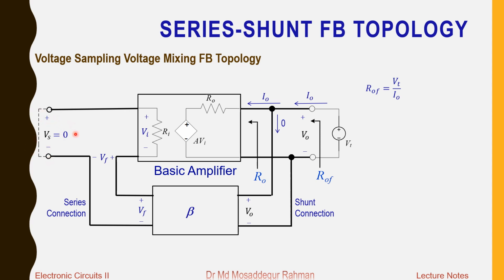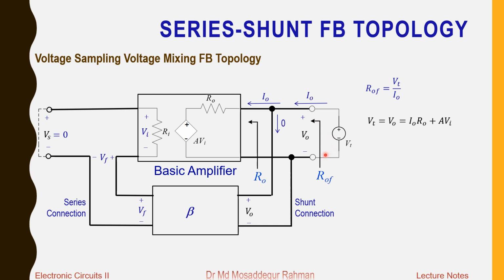So with this modification in this circuit, now we can proceed to analyze the circuit and determine the output resistance with feedback. So once you have done that, now we can write KVL in this outer loop.